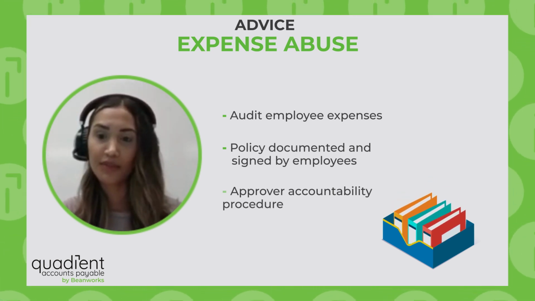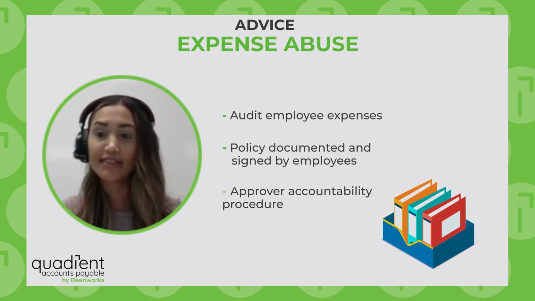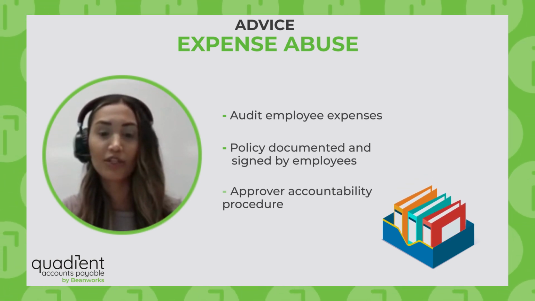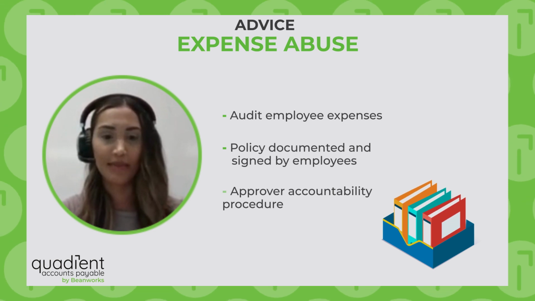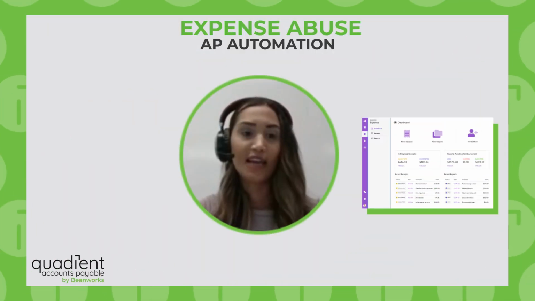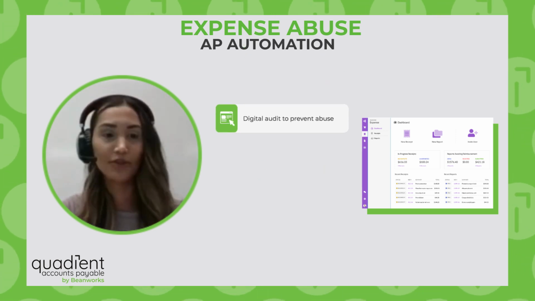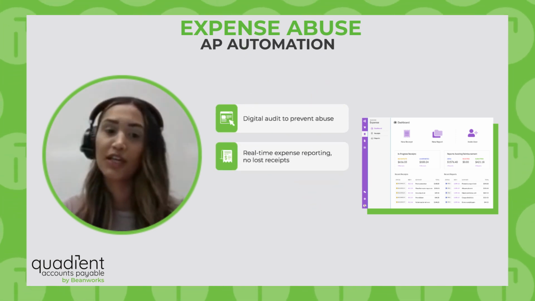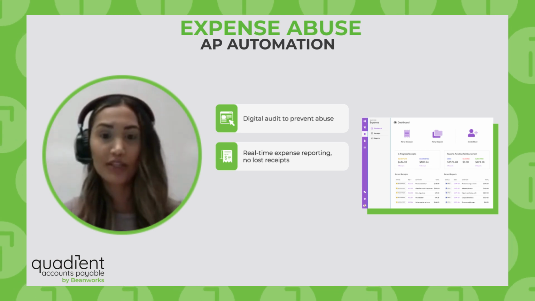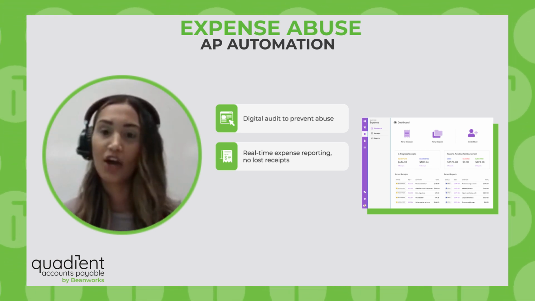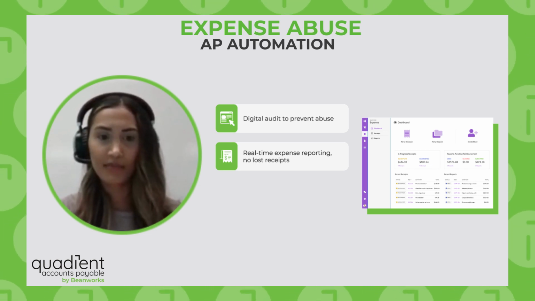Multi-level approval workflows can help safeguard against fraud and expense abuse, as well as the kind of human error that results in late or duplicate payments. And AP automation is a highly effective tool to combat expense abuse. AP automation solutions create a searchable digital audit trail, providing full visibility over the audit process.